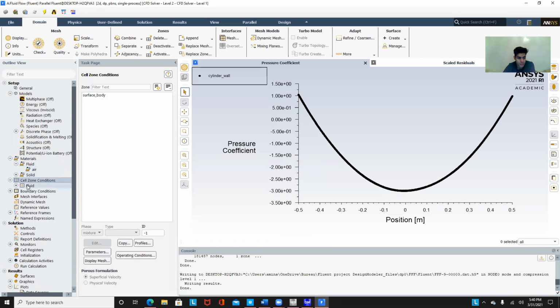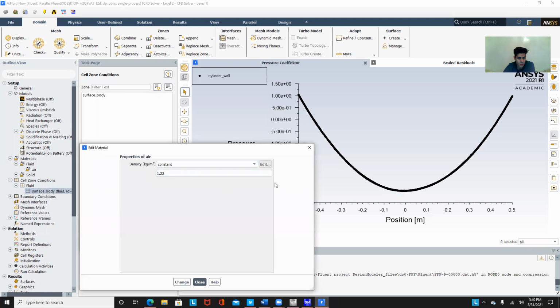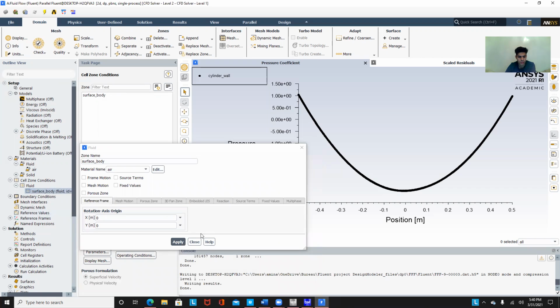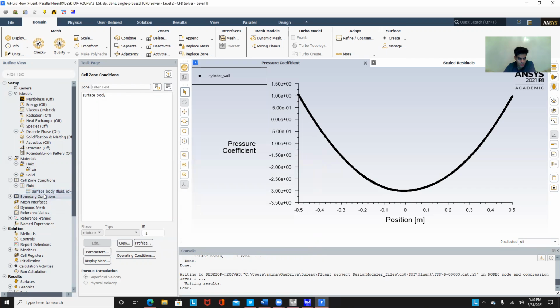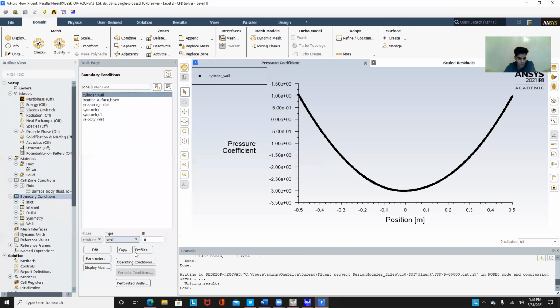They're not letting me change the viscosity for the first case or any other property. So the only thing that I can change is the density. For the boundary conditions, what can we change?